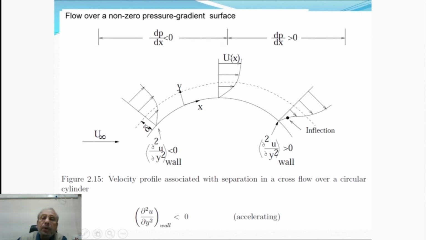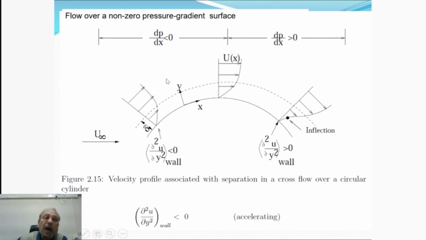up to some point we have negative pressure gradient or favorable pressure gradient, and beyond that point, because the effective area is increasing, we have positive pressure gradient or adverse pressure gradient.